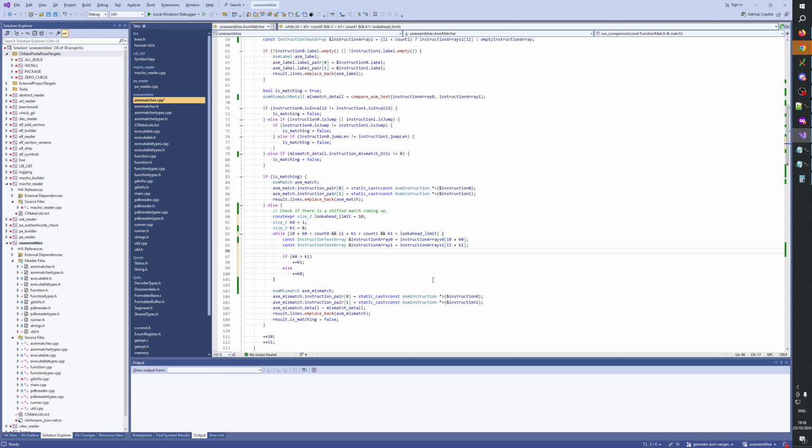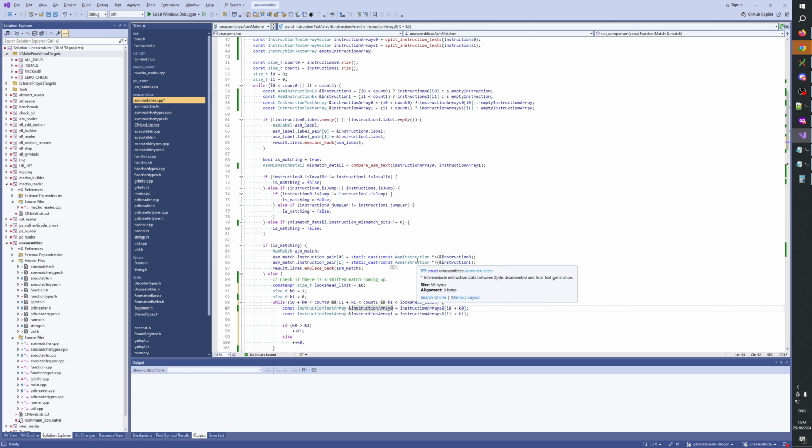Okay, let's call this instruction array.